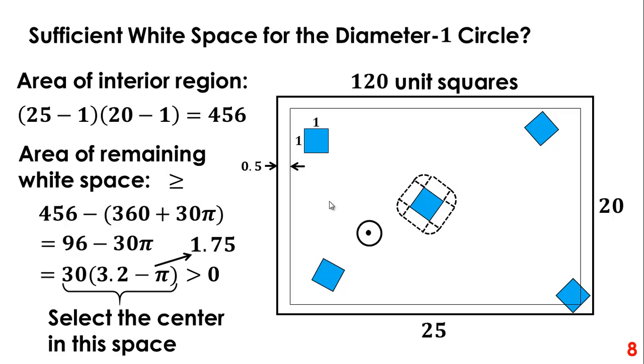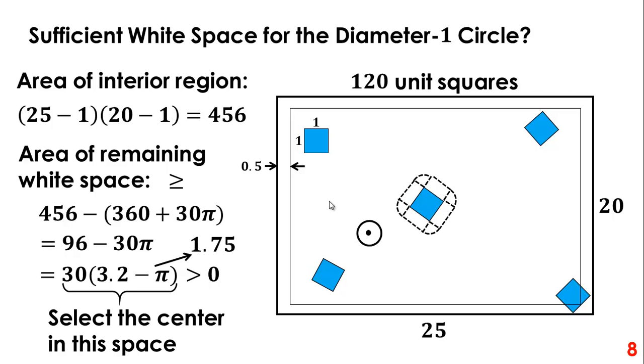Remember here, we only need to choose the white space for the center of the diameter 1 circle. Because if we find the center in that remaining white space, then based on our analysis, we take care of the space that is occupied by this whole diameter 1 circle.